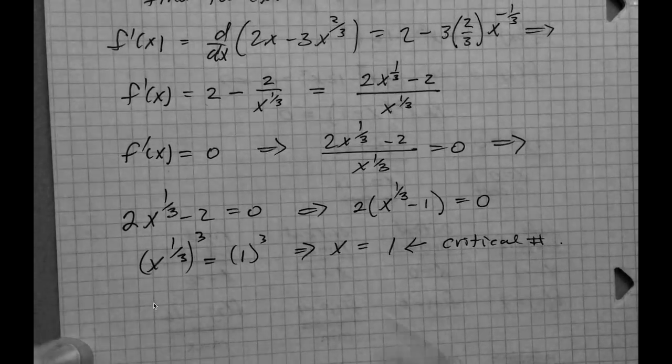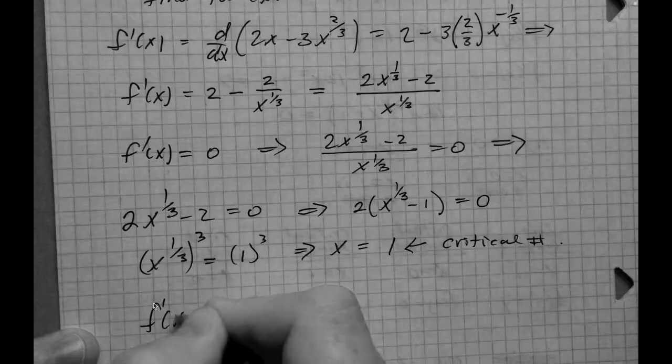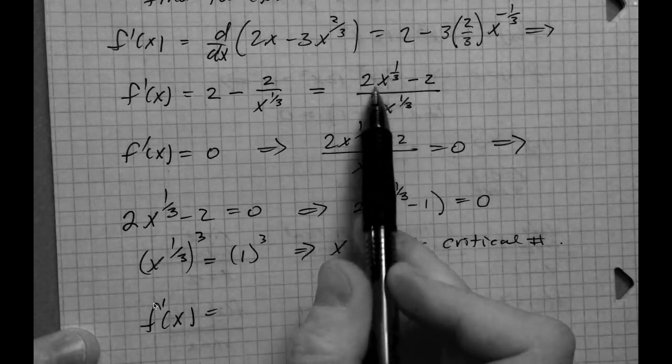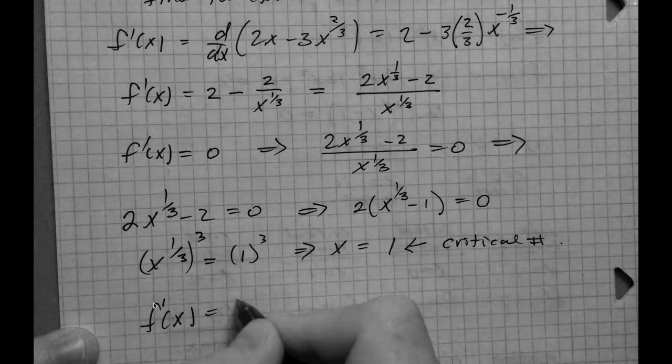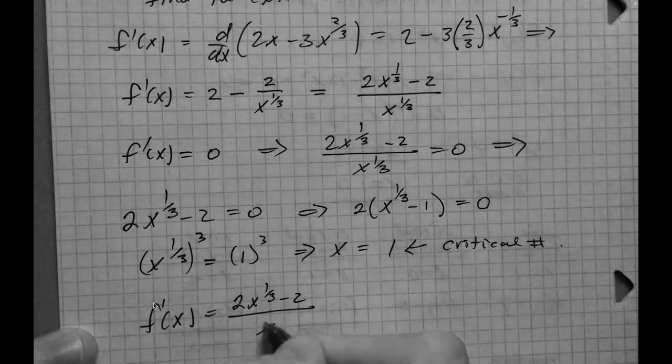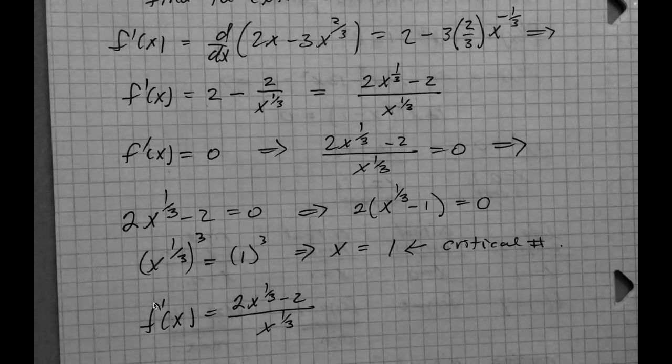Well, yes, because remember the derivative here, f prime of x, is equal to 2x to the 1/3 minus 2 over x to the 1/3. So we do have an issue here at 0 as well, right?